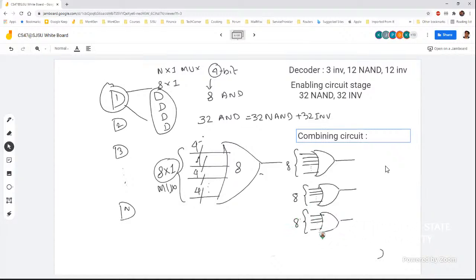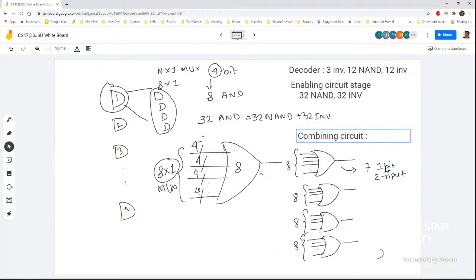Eight of them and another 8 of them. So that takes care of your 4-bit and 8 inputs. So this is essentially what we have. That means we have 7 1-bit 2-input OR gates, isn't it?